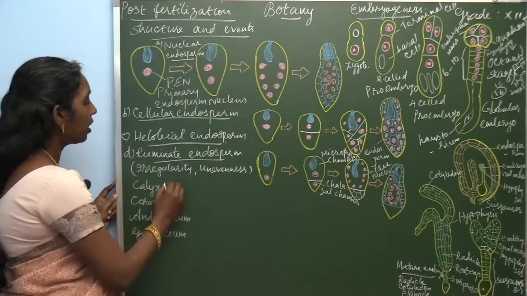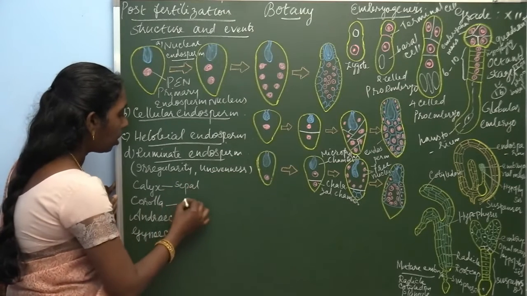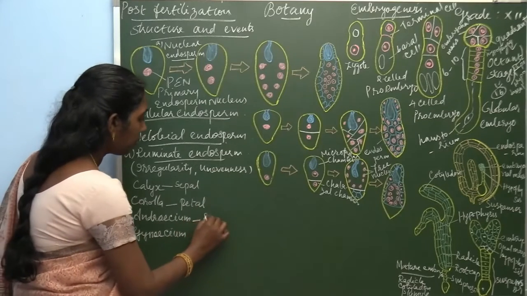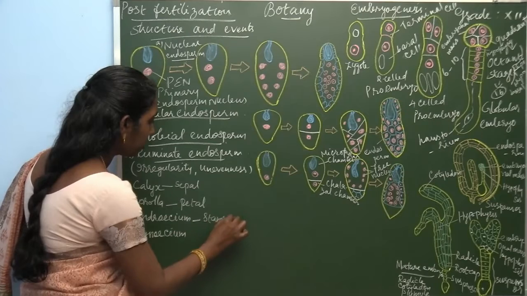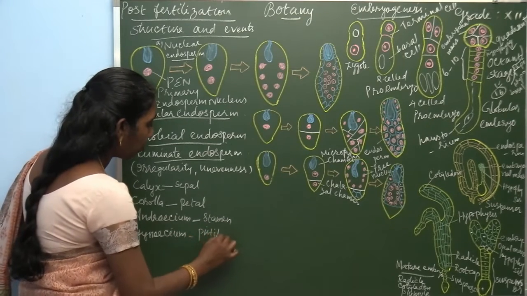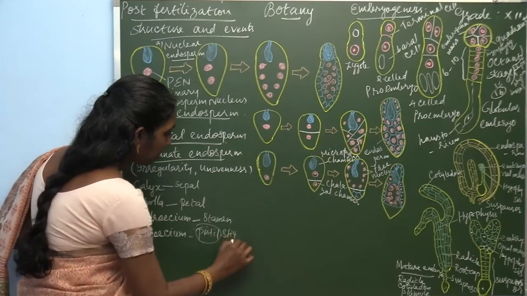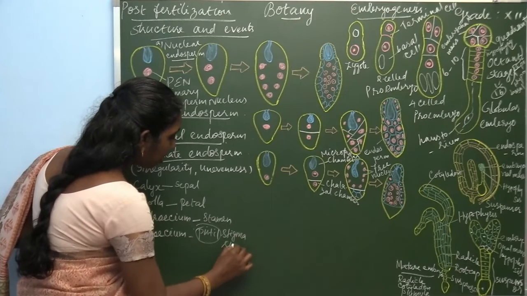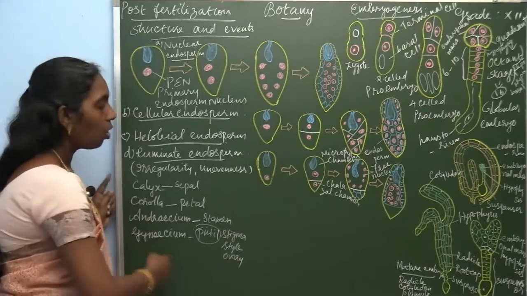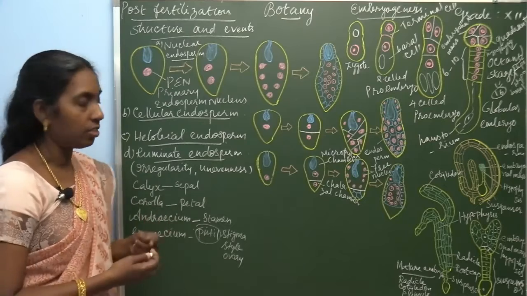Among these, the calyx is made up of sepals, the corolla contains petals, the androecium has stamens, and the gynoecium, that is the pistil, consists of stigma, style and ovary. So in all these parts, a number of changes take place after fertilization.